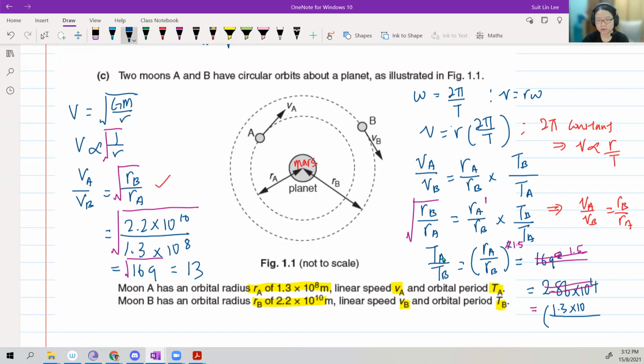1.3 times 10 to the power of 8. 2.2 times 10 to the power of 10.